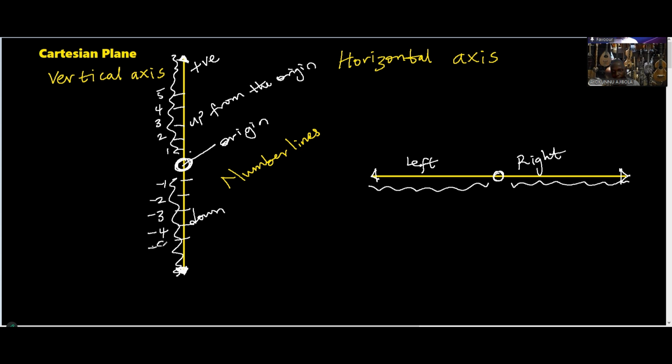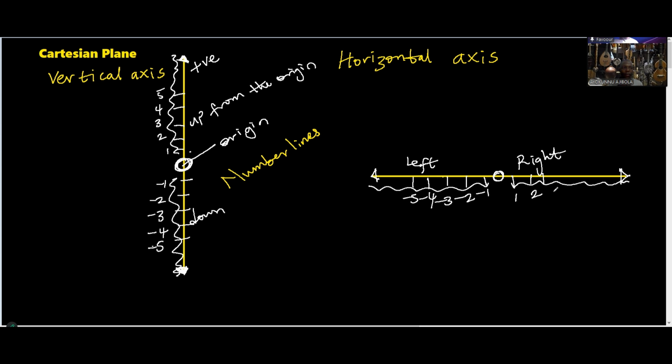The same thing goes for this one. This is going to be towards the left, and so on, depending on the values. And this one on the right is also positive, but we don't even need to draw the positive, just write a number.